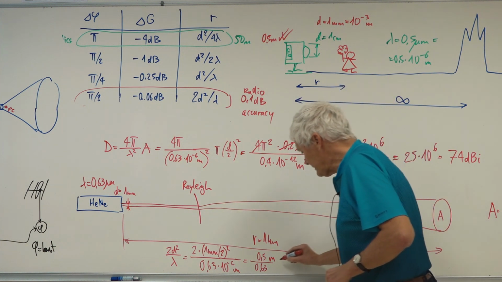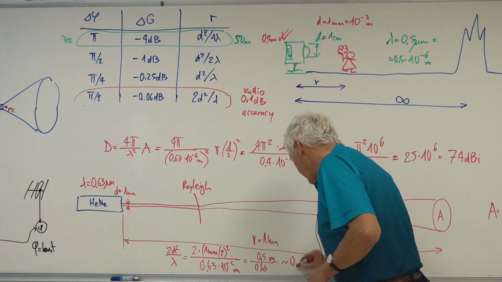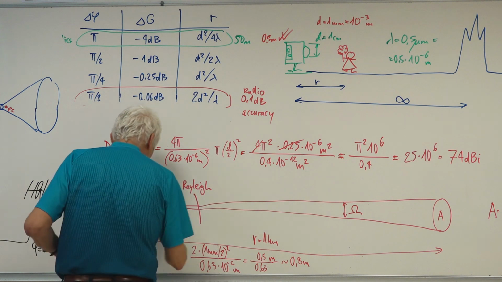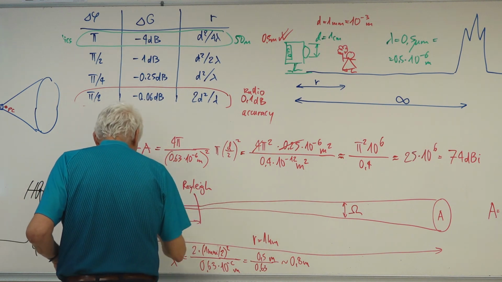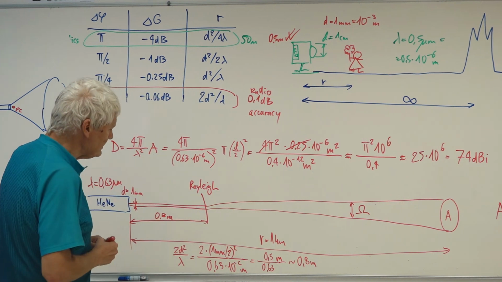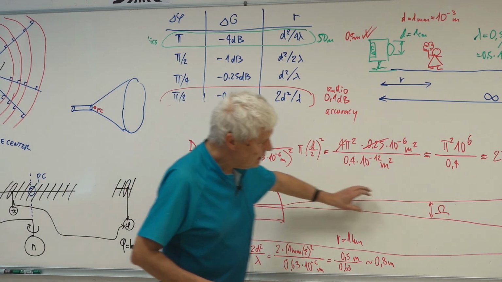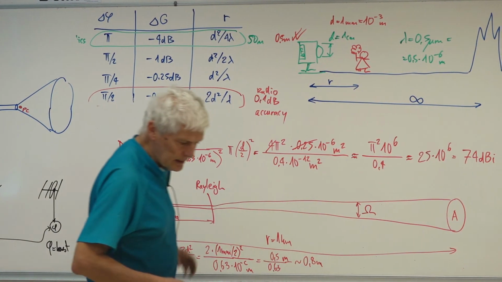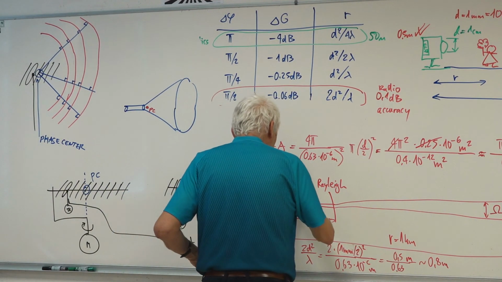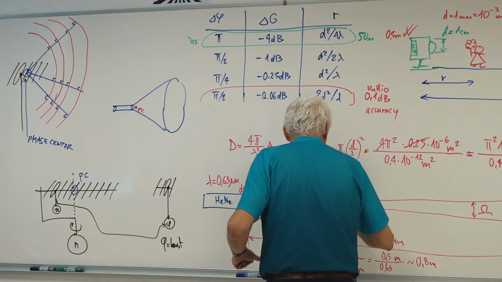So this is something around 0.8 meters. So already at 0.8 meters, our beam starts diverging from a parallel beam into a conical beam. Our beam starts opening. So up to here we have Fresnel, and here we have Fraunhofer.